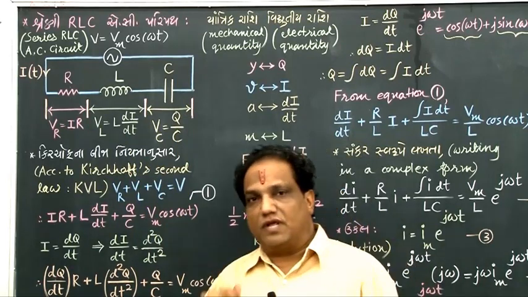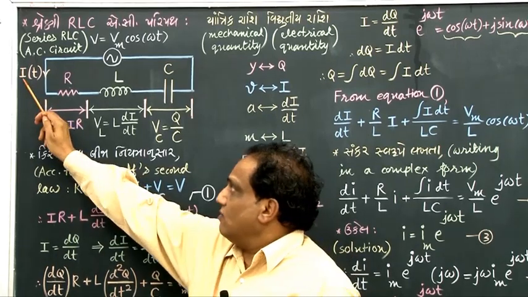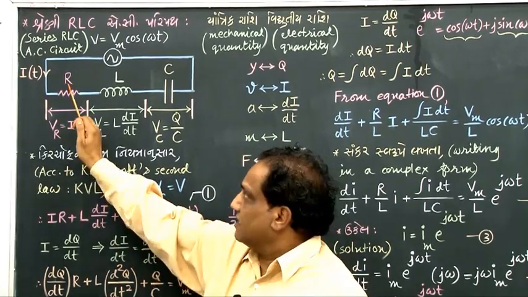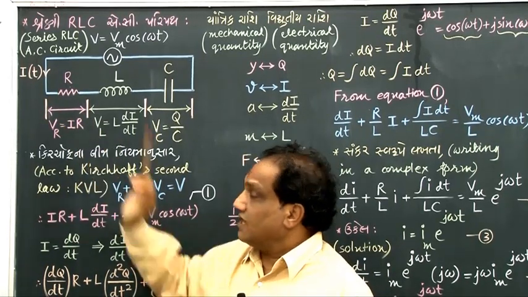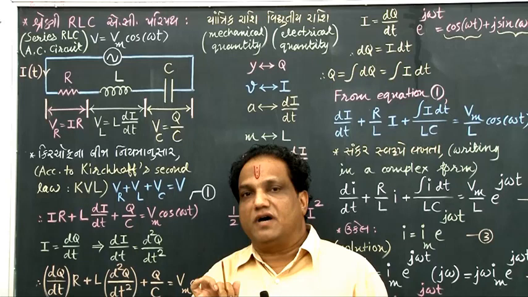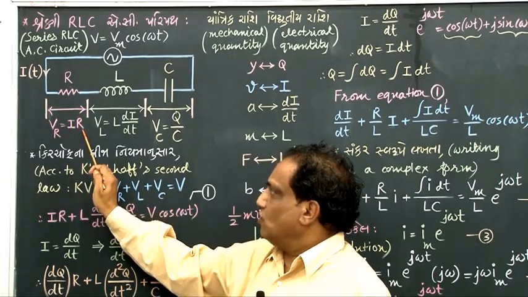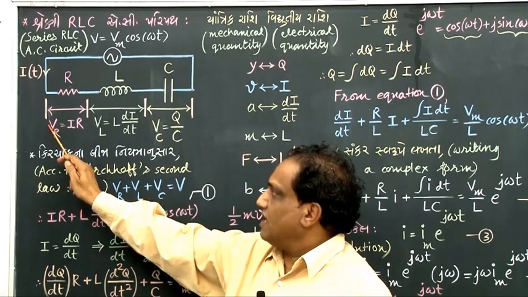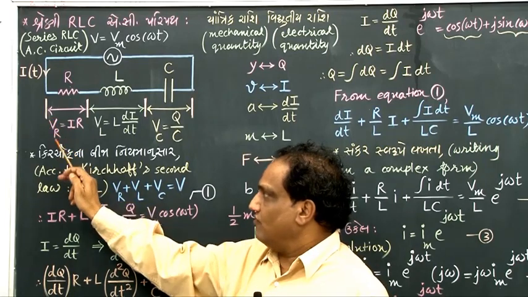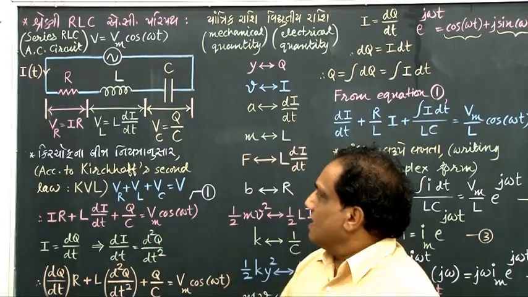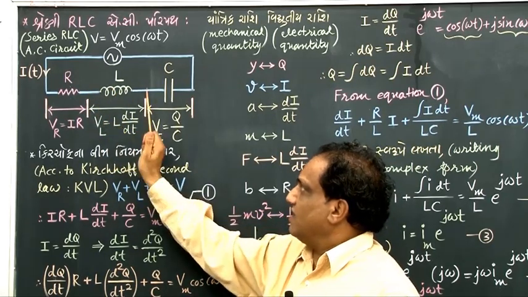Now tell me, don't you know according to Ohm's law, if I amount of current passes through R resistance, then potential difference across the two ends of the resistor is V equals IR. Voltage equals current into resistance. Instead of V, I have shown the symbol VR. R you must write well below V. What about potential difference across two ends of an inductor?